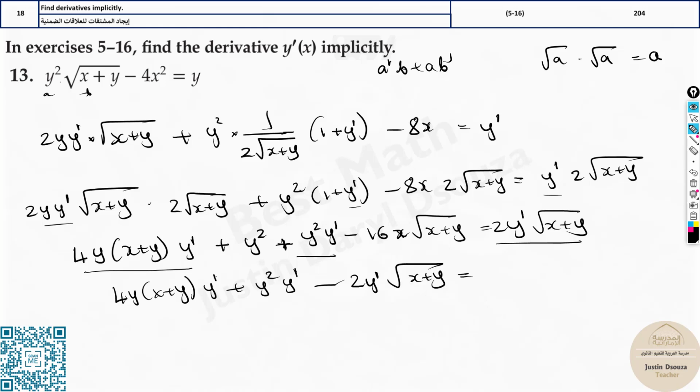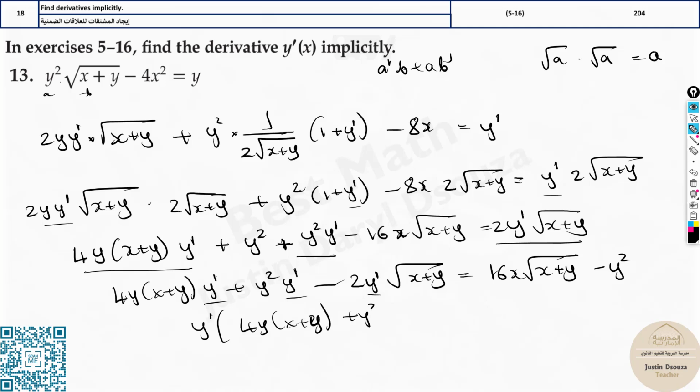This all will be equal to what? This to the other side will be positive x square root x plus y, and this to the other side would be minus y squared. Now when I take y prime common outside, you're getting a huge term inside: 4y times x plus y, squared, minus 2 square root x plus y, equal to 16x square root x plus y minus y squared.